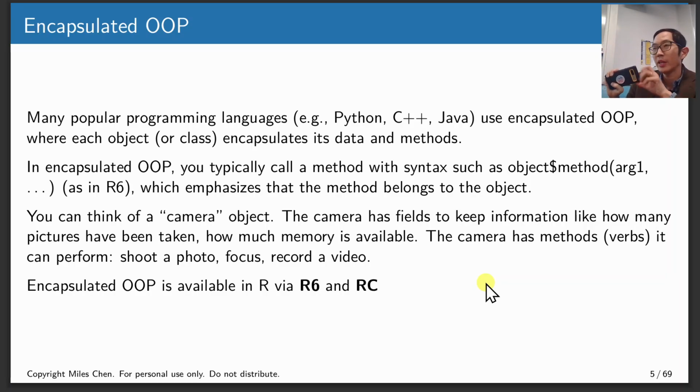The camera stores information about itself, like how many pictures have been taken, how much memory is available, the different settings, shutter speed and stuff. And then the camera also has verbs that you can use. What can the camera do? Well, the camera can shoot a picture. The camera can focus. The camera can record a video. So these would be the methods that belong to the object camera, okay?